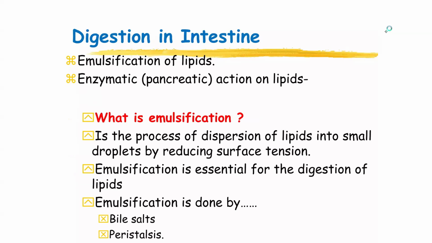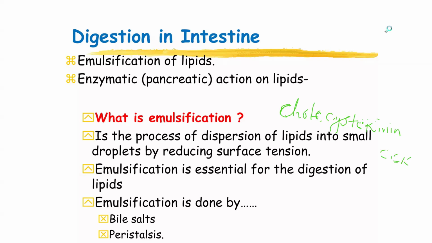The first is called cholecystokinin, abbreviated usually as CCK.